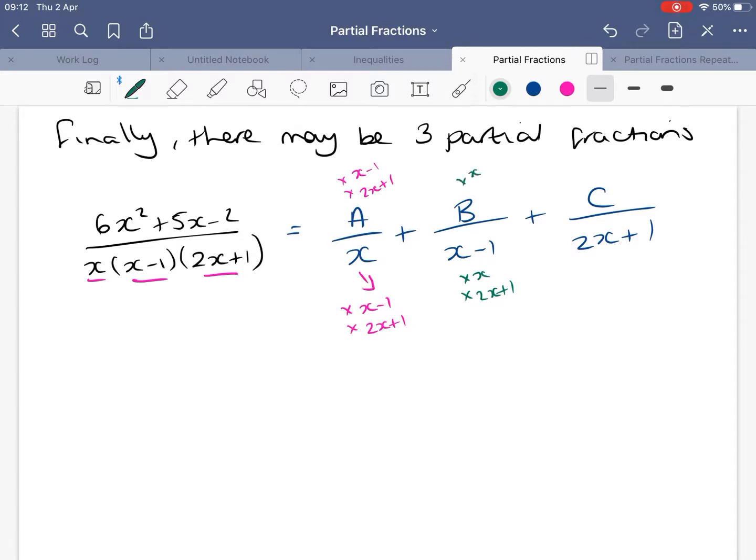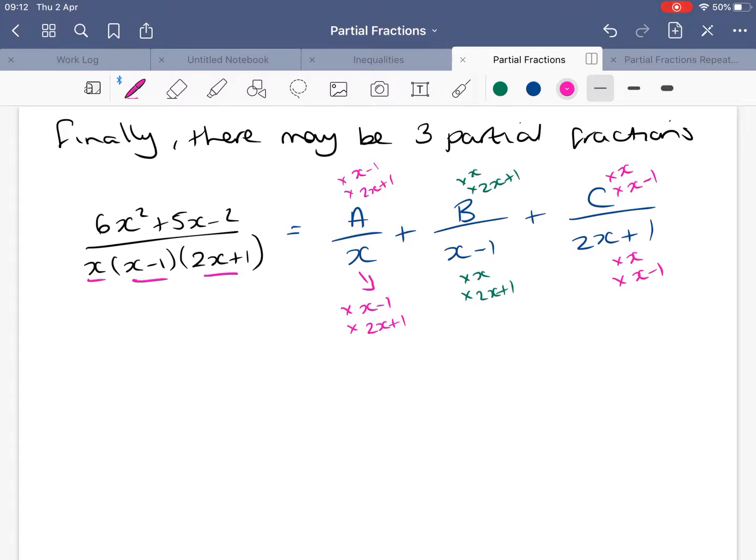So guess what? I've got to do it to the numerator, because whatever you multiply the denominator by, you have to multiply the numerator by the same. And then the final one, again, I've got to make this denominator have all 3 factors. So I've got to times it by the x and times it by the x minus 1, which means I have to multiply the numerator by exactly the same.